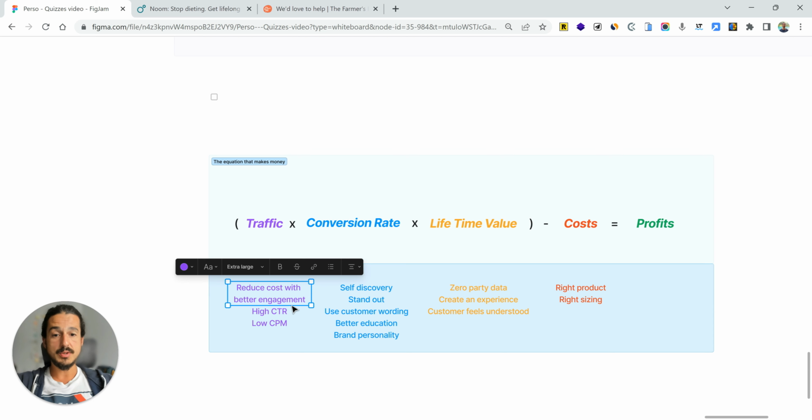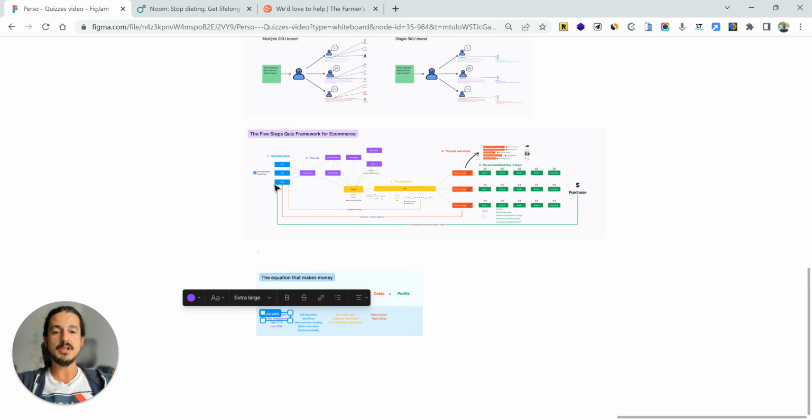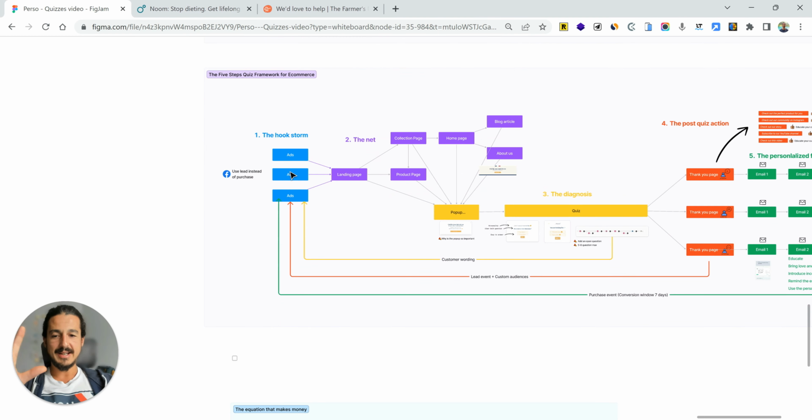On the traffic part, it will reduce the cost because you will have better engagement. That is especially true if in your ads you are mentioning the quiz. If in an ad you show a product and say, hey, that's a good product that will solve this problem for you, fine, you will have a normal engagement.